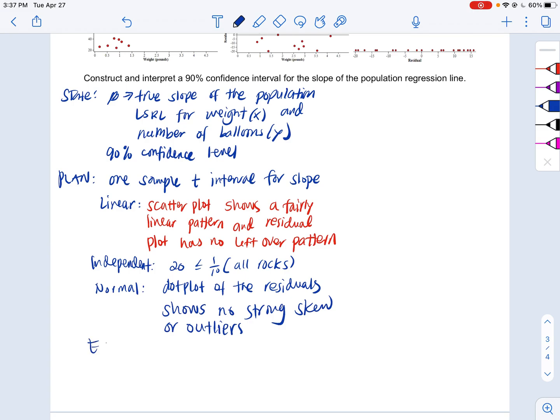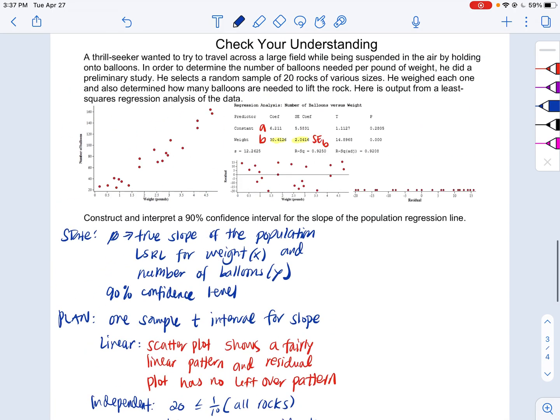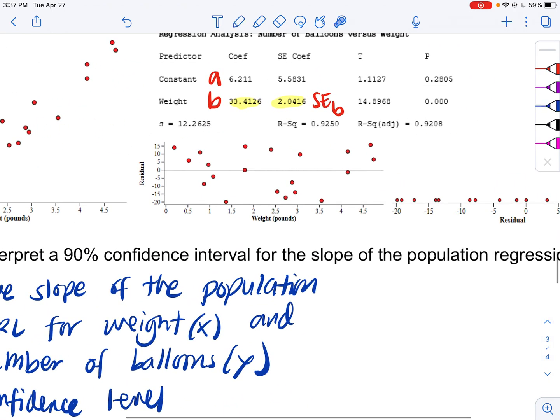Okay, equal SD. So equal SD means, let me make it bigger. Do you see how the distance of these dots, for each x value, these are our x values for each weight, the distance of each of them compared to this line is somewhat similar?